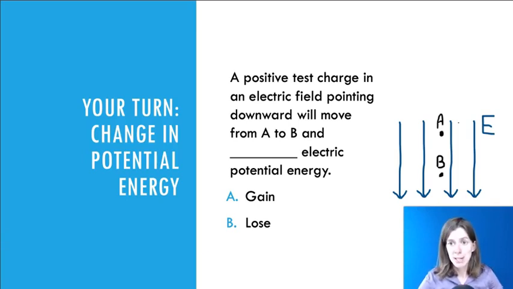If your positive charge is moving downward, that is in the direction that it naturally wants to go. So its potential energy will decrease and it will lose electric potential energy. Let's go ahead and summarize all of this and use that equation to see how it can be helpful.